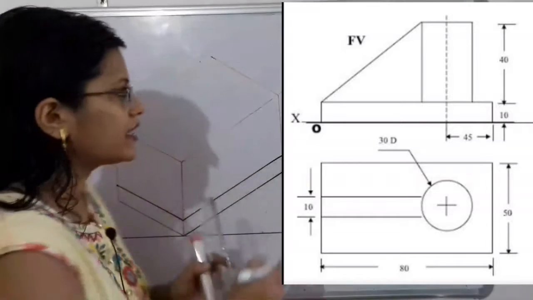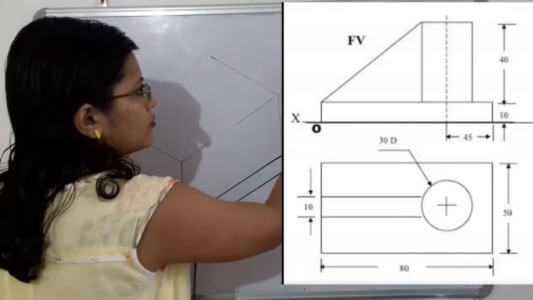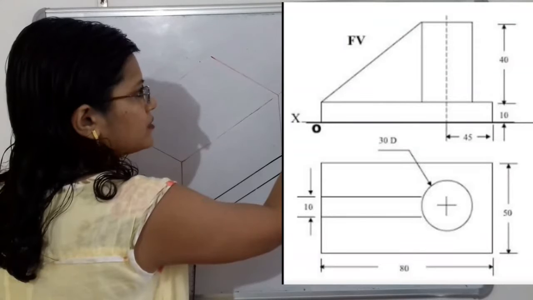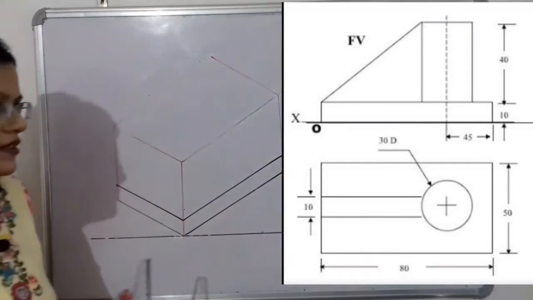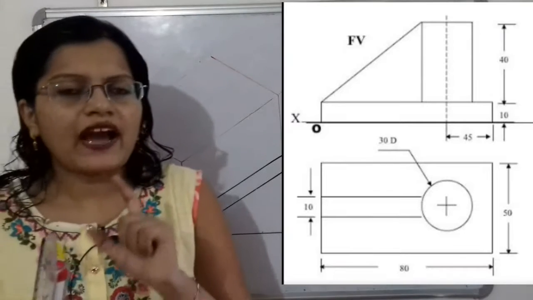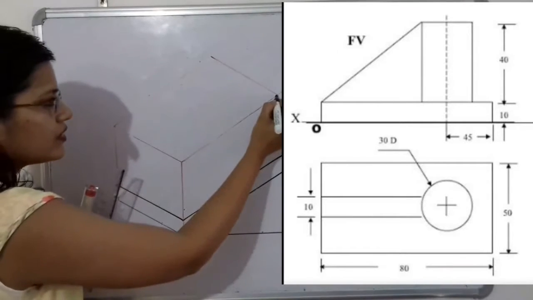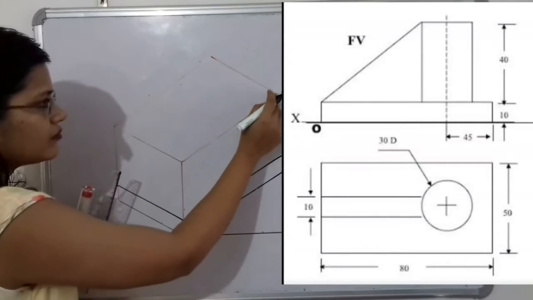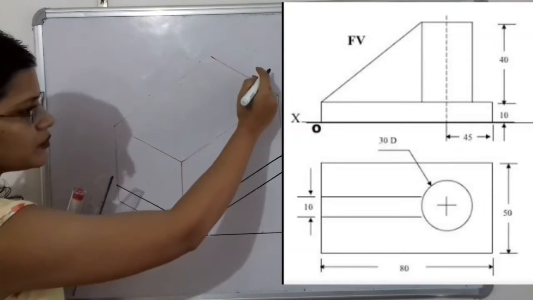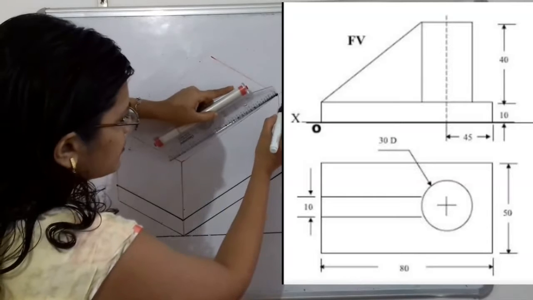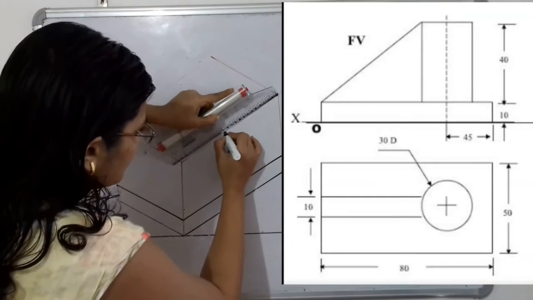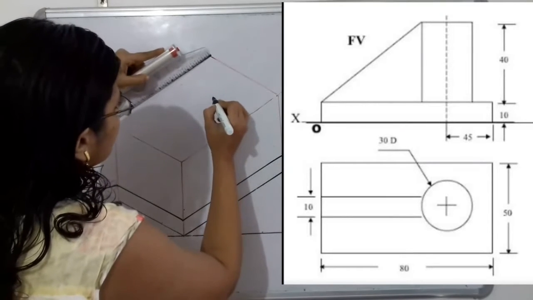So we have to take here 45 into 3, that is 90 plus 45, 135 millimeter. So we have to select the point for 135 millimeter here from the right hand side. So I will mark here a point, that is 135 millimeter.